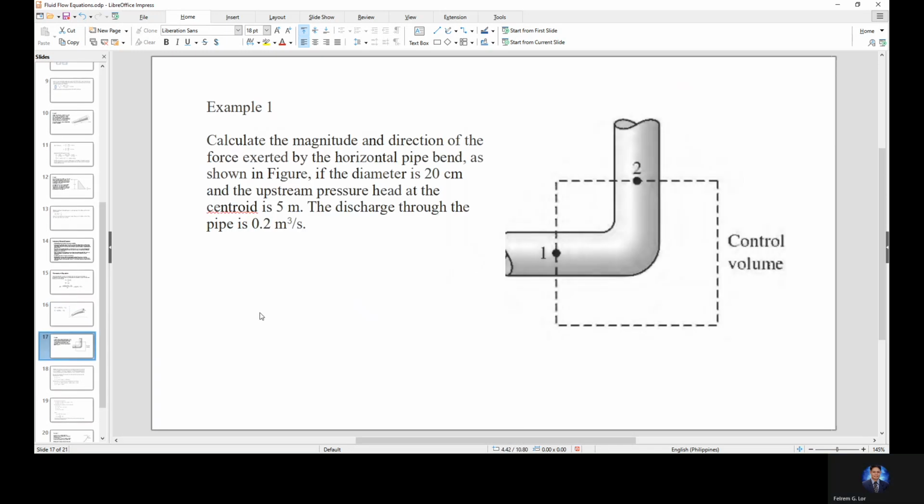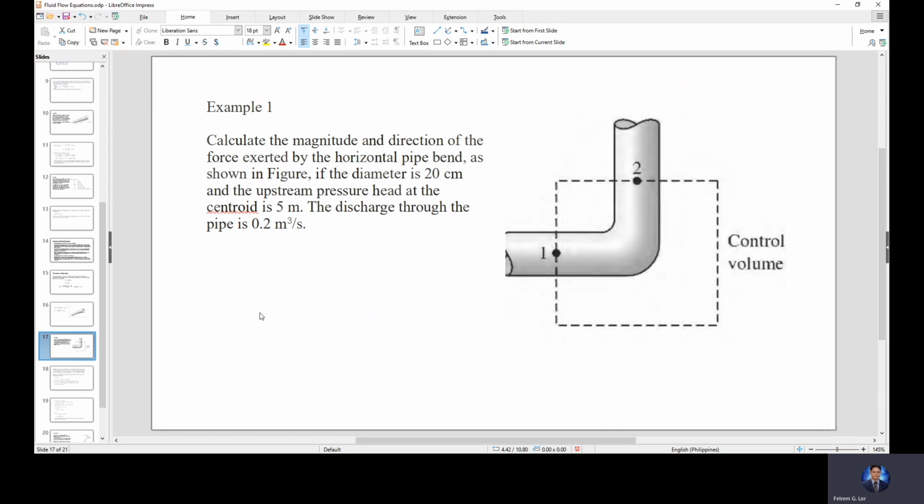Okay, we need to calculate the magnitude and the direction of the force exerted by the horizontal pipe bend, as shown in the figure. If the diameter is 20 cm, it's the same diameter all throughout the pipe.